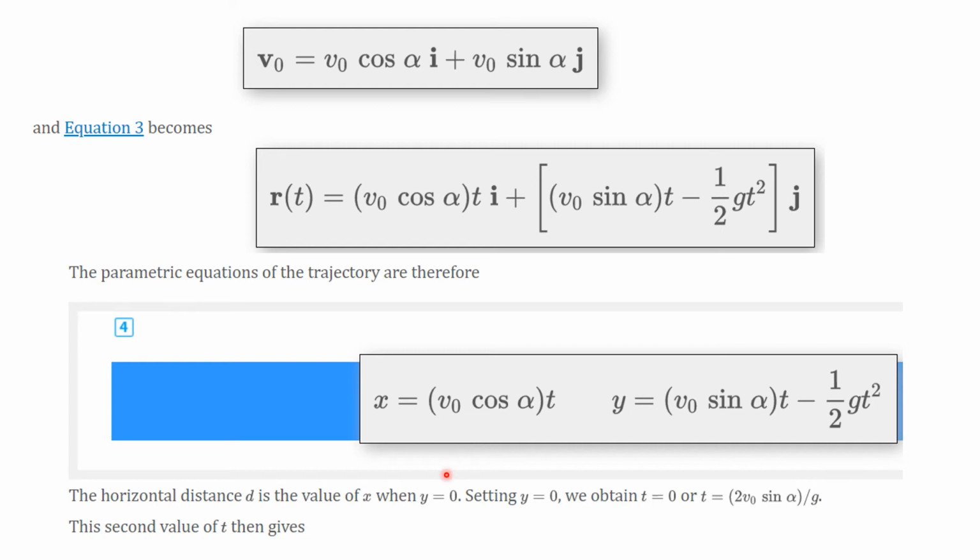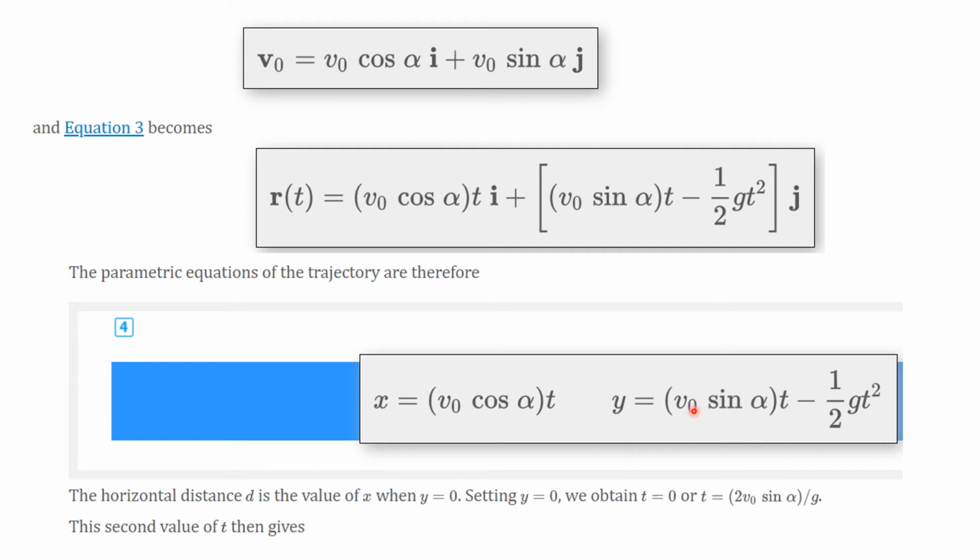Now, the horizontal distance, and distance is equal to rate times time, of x when y is equal to 0. Setting y equals 0, we obtain t equals 0, or, and so you see what we're doing here is we're just plugging into this.